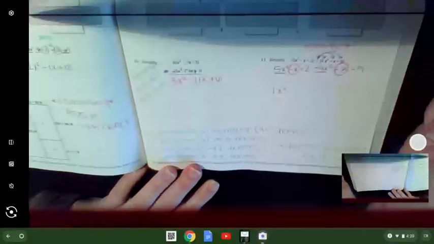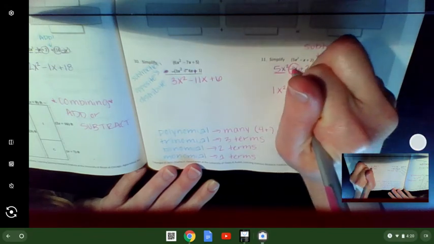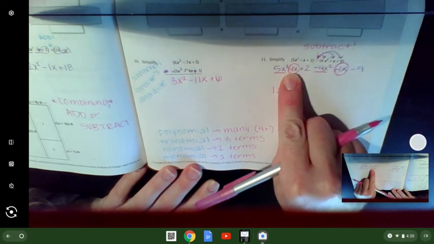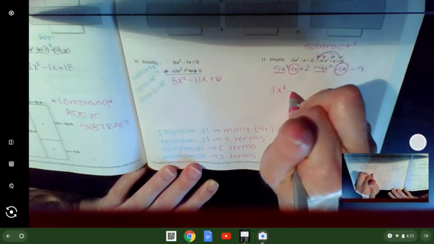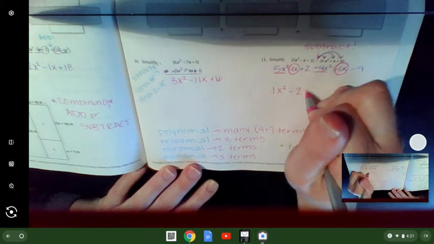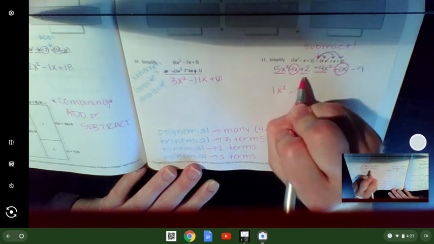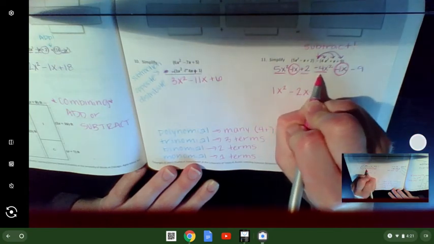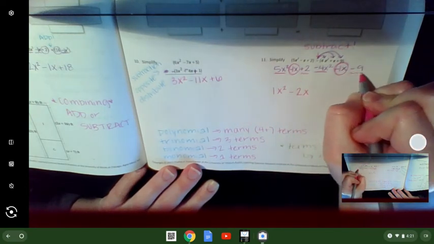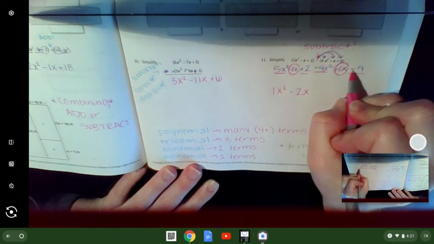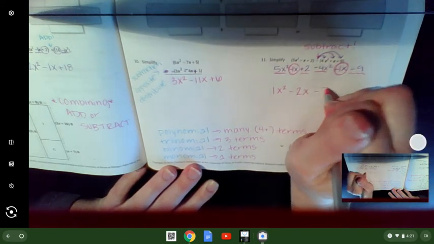Now, I don't see any numbers, but remember, imaginary ones right there. So negative 1 minus another 1 would be negative 2 things that had an x after them. Last but not least, I got 2, which is a constant. There's no variables. I'm going to scan for another constant, negative 9, and 2 minus 9 is negative 7.